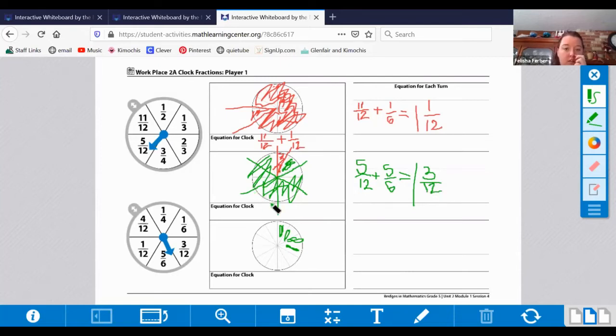So the equation for this one is 5/6 plus 2/12, because there was 1 from the 5/12 and 1 left over from the 1/6 from the problem above, is 1.